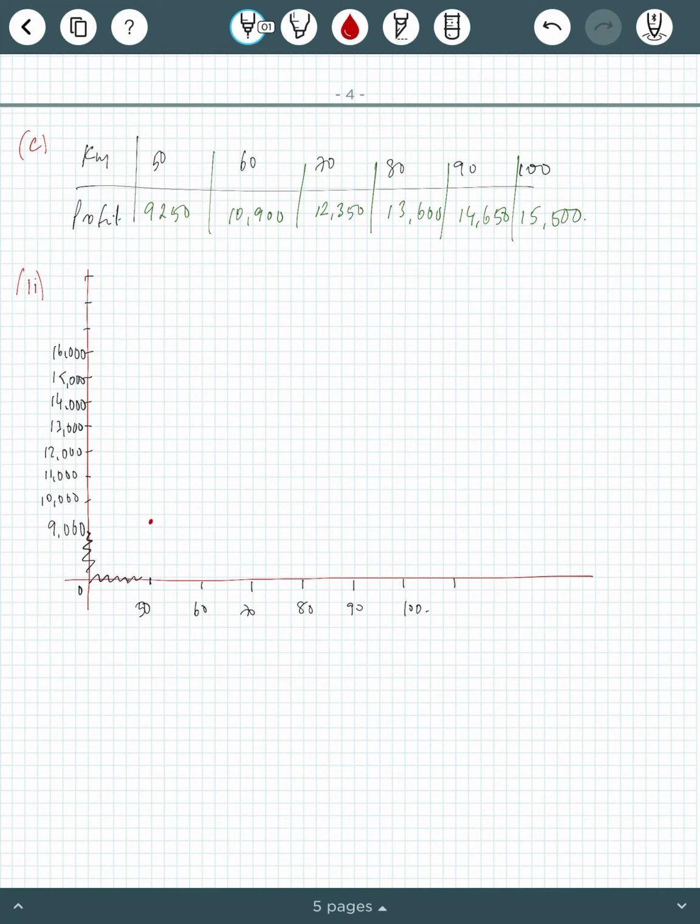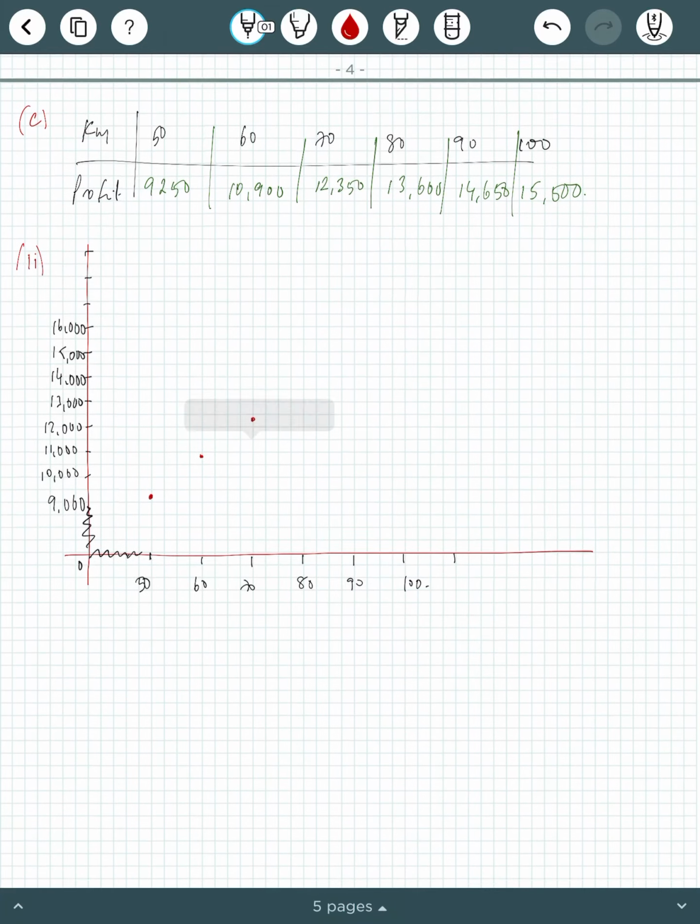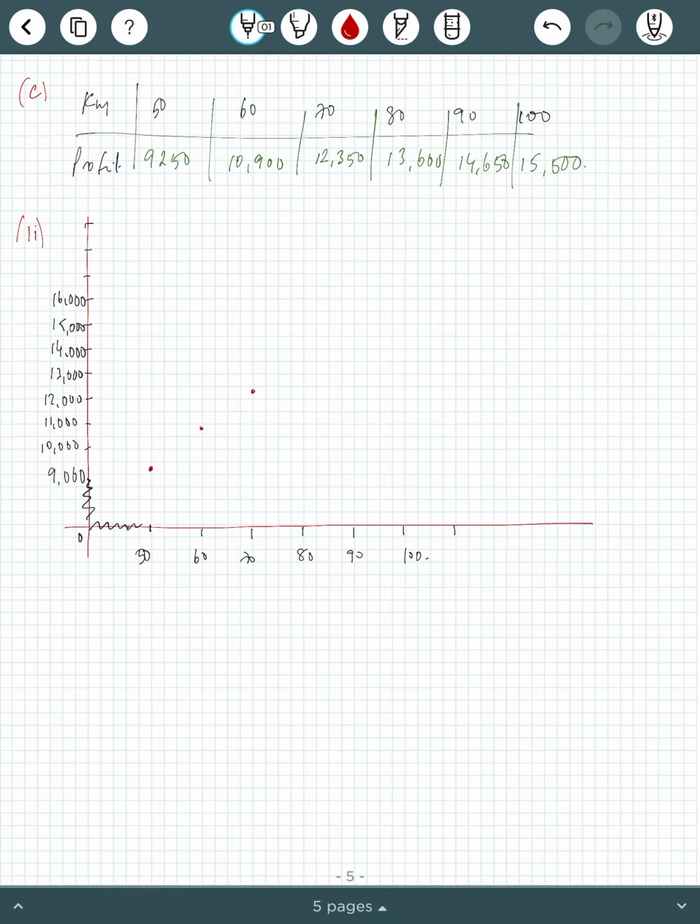70 is 12,350, which is slightly below it. Okay, 80 is 13,600. That there. Okay, 90 is 14,650.